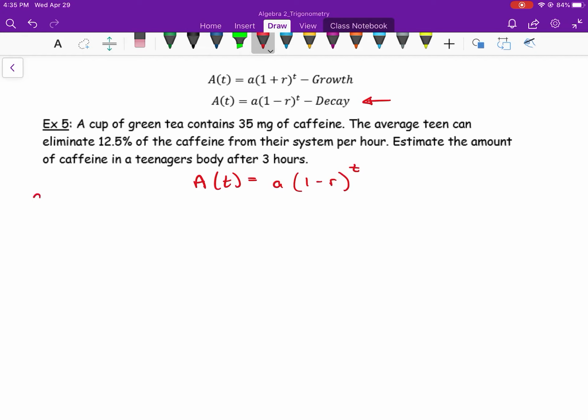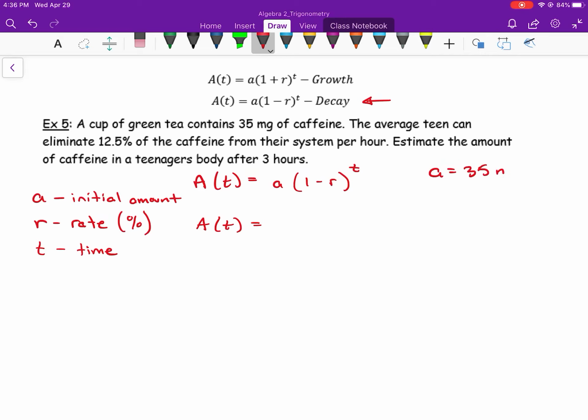Where A is our initial amount, r is the rate, usually a percentage, how much we're dropping or increasing, and t is time. So my initial amount A equals 35 milligrams.